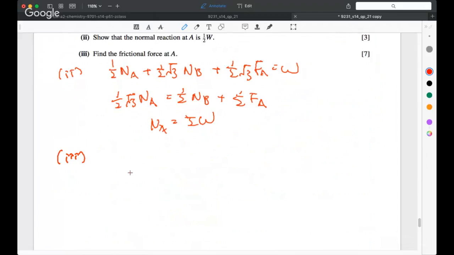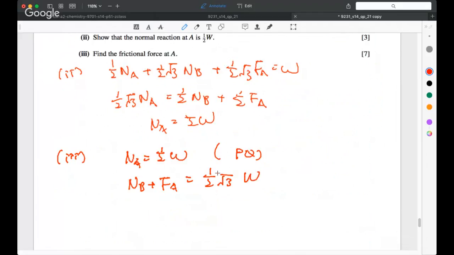So from the first part, we know that NA is a half W. And in the direction PS, so this direction PQ, we find that MB plus FA is equal to a half root 3 W.